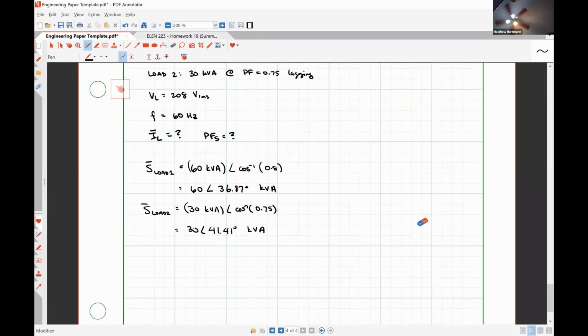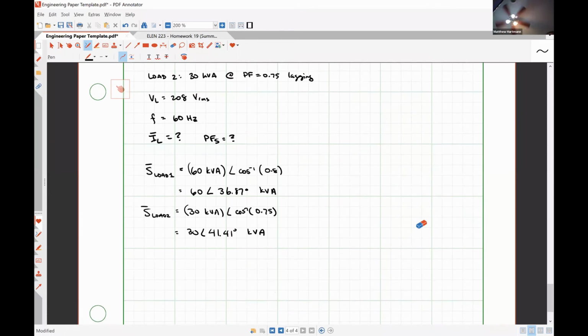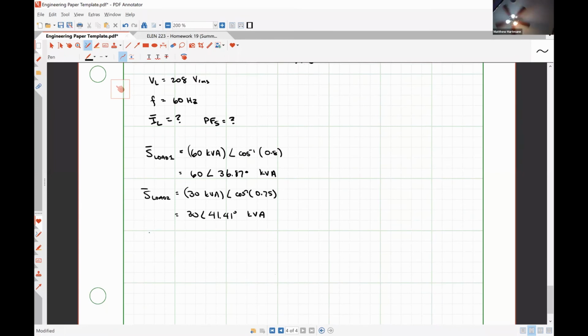So we have to make the assumption that that's the total absorbed by load 1. And we also have the total amount absorbed by load 2. So I would argue that S load is simply S load 1 plus S load 2. The total amount of complex power absorbed by the loads is just the sum of the complex powers absorbed by each load. Seems reasonable enough. Yes.